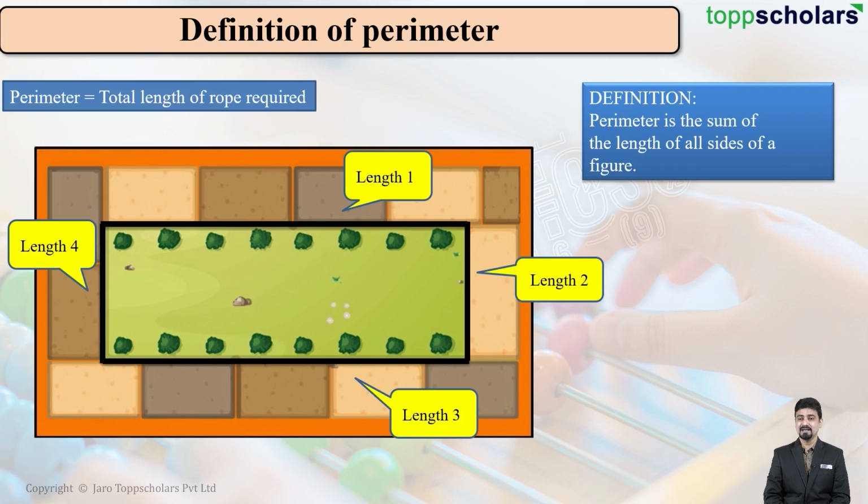What is perimeter? It is the sum of the length of all sides of a closed figure. So just take a closed figure, measure the length of all sides of its boundary. That will be the perimeter of that figure.